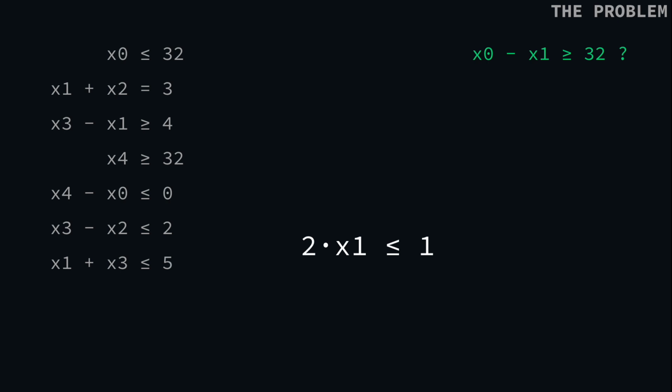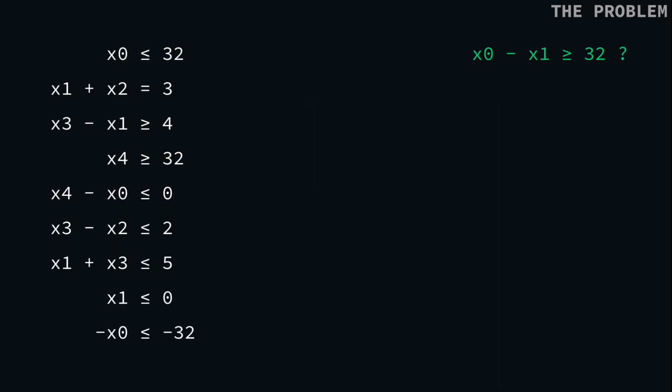In this case, this wouldn't be a valid condition since there's a coefficient that is not 1 or minus 1 multiplying our variable, but we could fix this by just moving that coefficient to the other side of the equation. In fact, since x1 is an integer variable, we could actually round down both sides of the inequality and get a stronger constraint than what we would have originally been able to deduce, which can be derived from the original list of constraints. And therefore, we've managed to get more information.